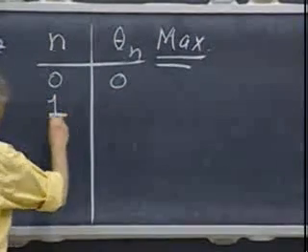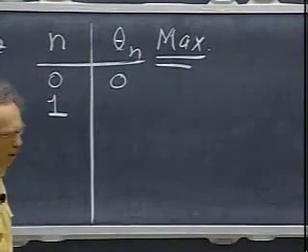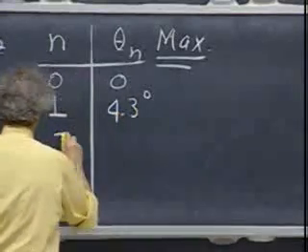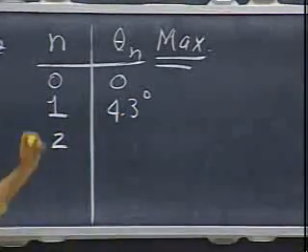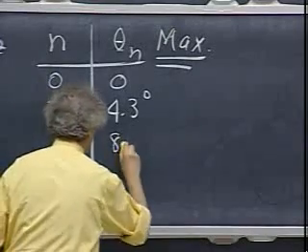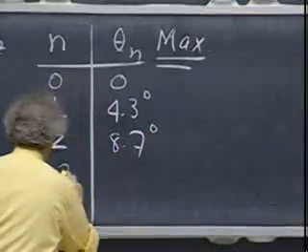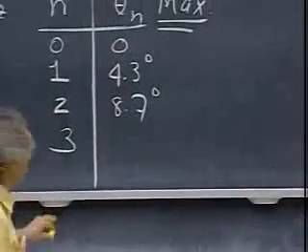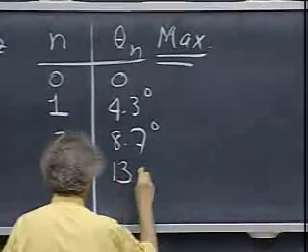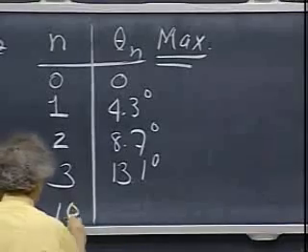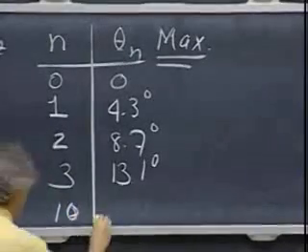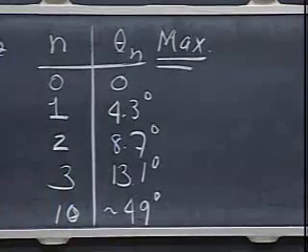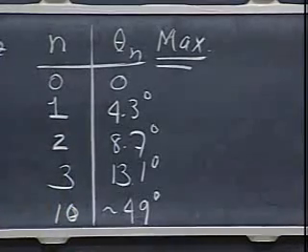When n is 1, and you may want to check that at home, I find an angle of 4.3 degrees. And when n is 2, the angle is about double that, about 8.7 degrees. And when n is 3, it should be close to 13 degrees, 13.1. In case you take n is 10, so I skip a few, you get about 49 degrees. This is where the maximum falls.